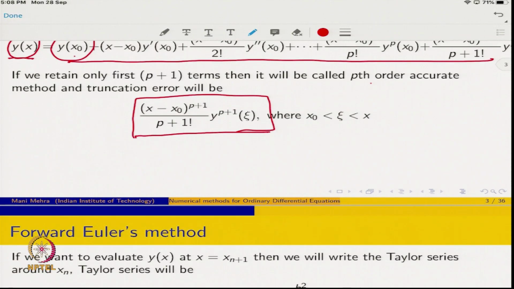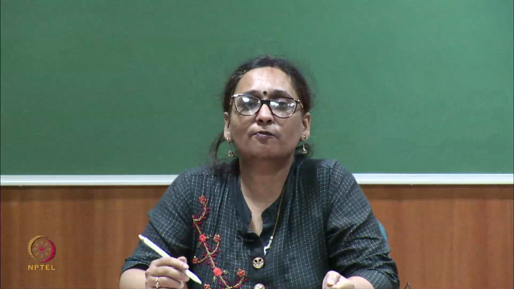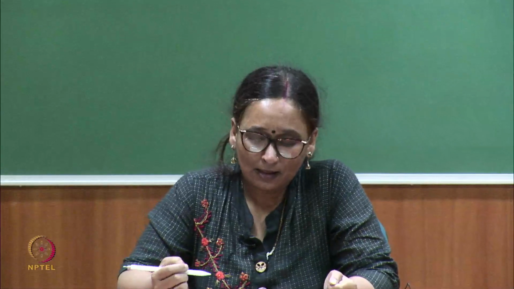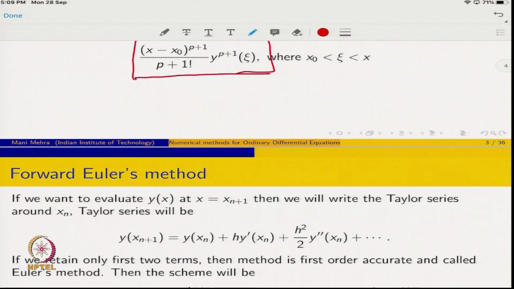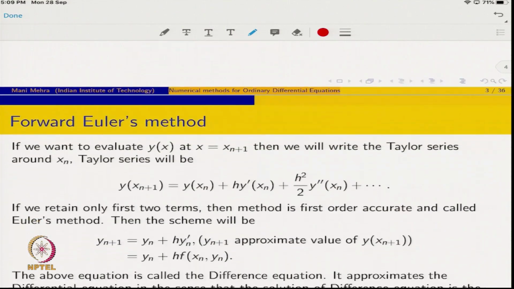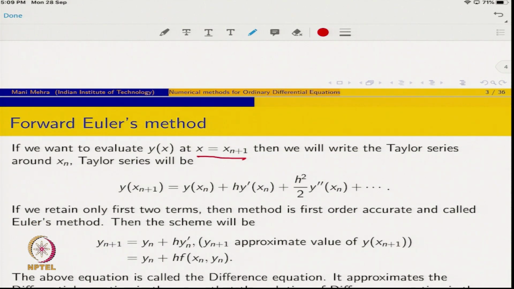So, let me start with the forward Euler method, which is a special case of the Taylor series method. How is it a special case? In the forward Euler method, if we want to evaluate y(x) at x equal to xn plus 1, then we write the Taylor series around the point xn, and this Taylor series will be this.